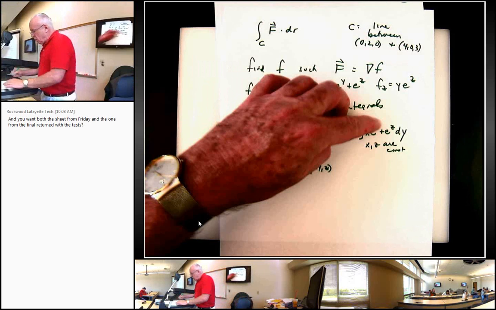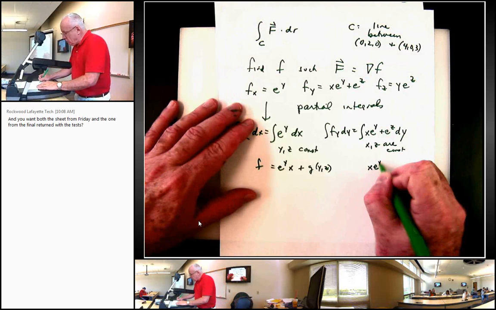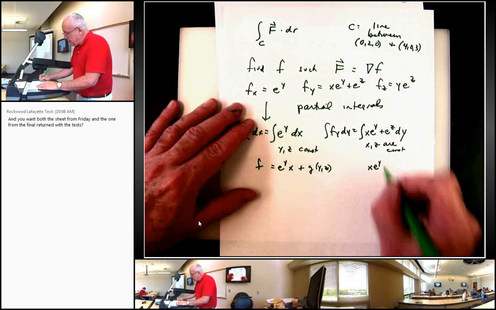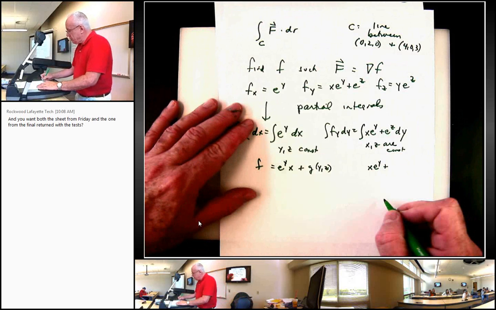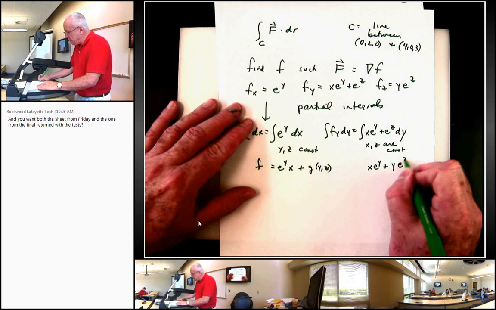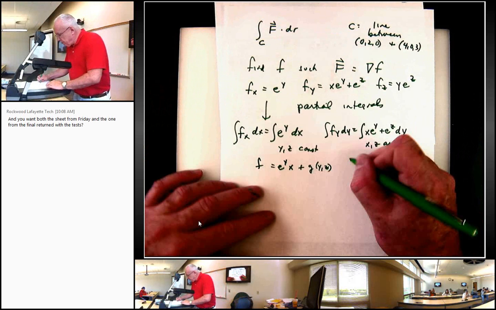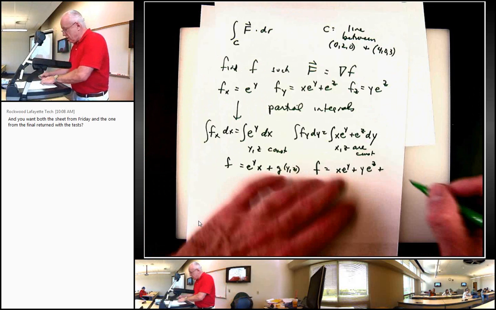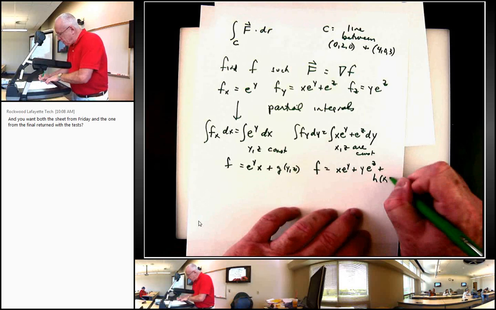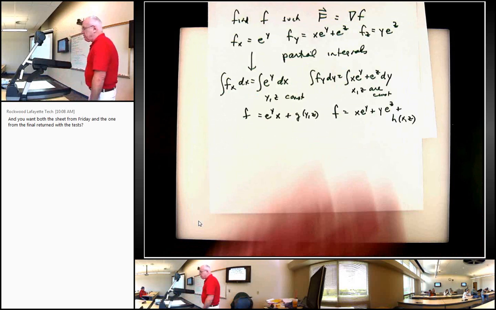X e to the y is just going to be x e to the y. And then e to the z is going to be what? Y times e to the z, because e to the z is a constant. This is our little f, except we could have tacked onto this some function h of x and z that are treated as constants.